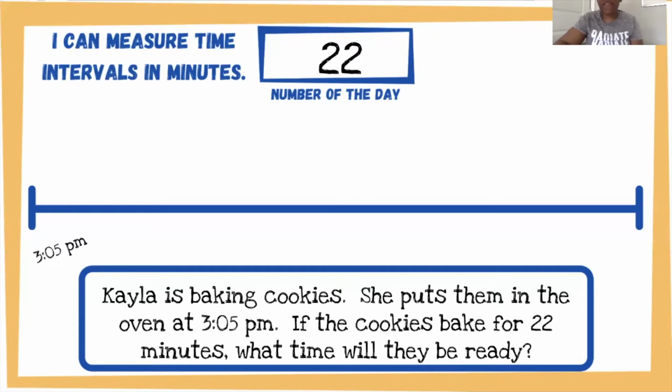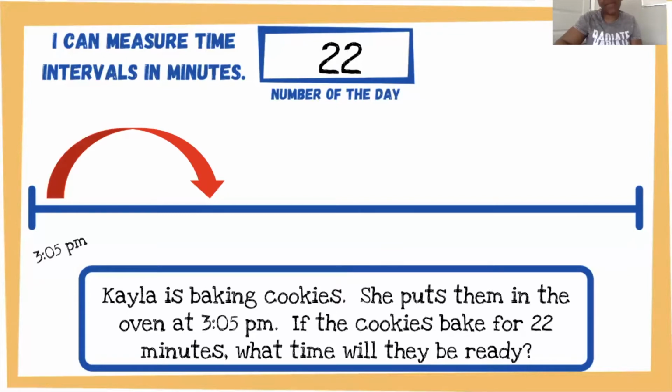So to help me figure out the answer to this problem, I am going to break my 22 minutes into pieces that make it easy for me to add on so that I can get to the time that I'm looking for. So from 3:05, I'm going to leap forward in time.